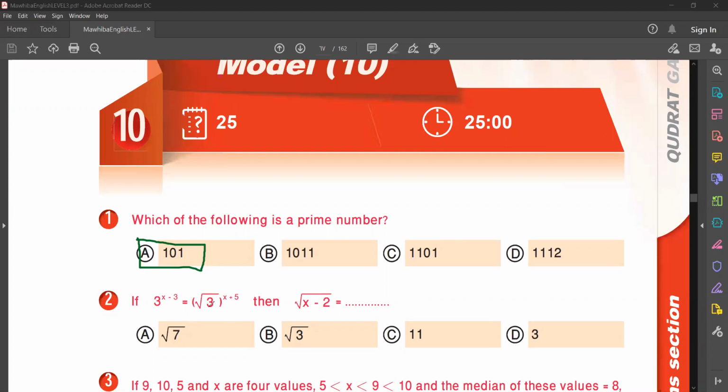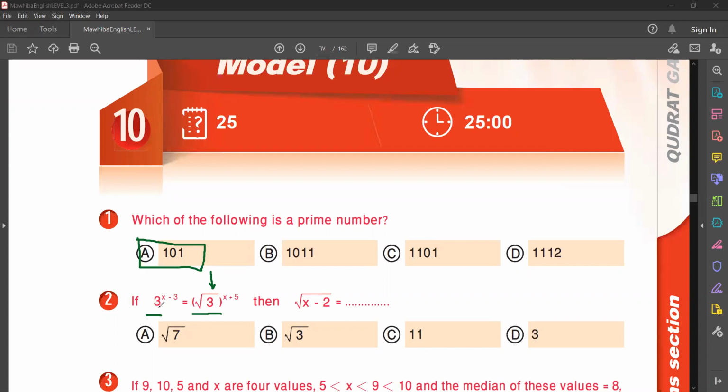We must find x first. To find x, you must make the bases the same. 3 and square root of 3 are not the same, so we want to make them the same. You have two ways: write the square root of 3 as 3 to the power half, or write 3 as square root of 3 to the power 2, as you like.